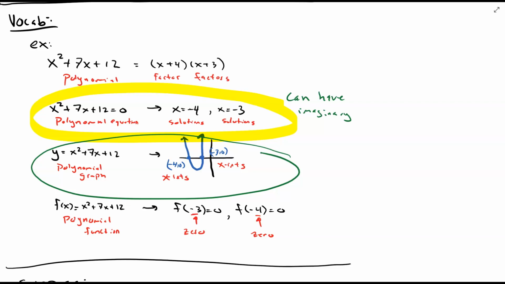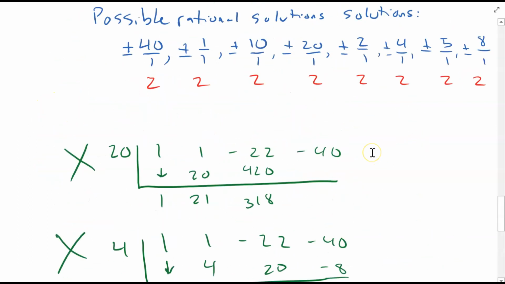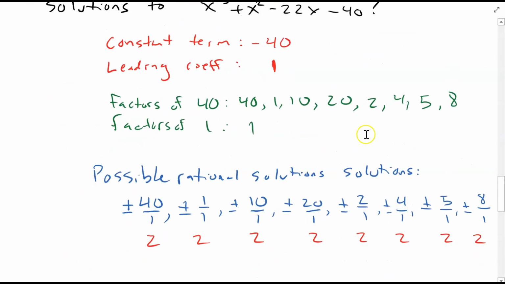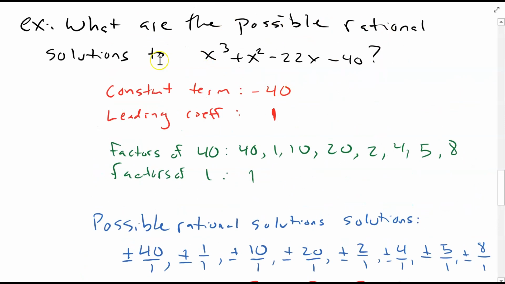No. I'm looking for the x-intercepts. Oh. Because whatever the x-intercepts are going to be the same thing as my solutions, which will in turn give me my factors. So let's go back to this original problem that we just looked at, and let's graph this polynomial and see what we see.